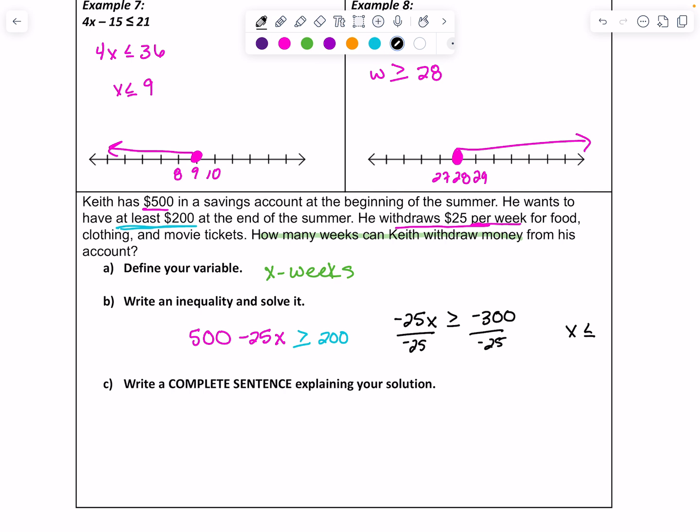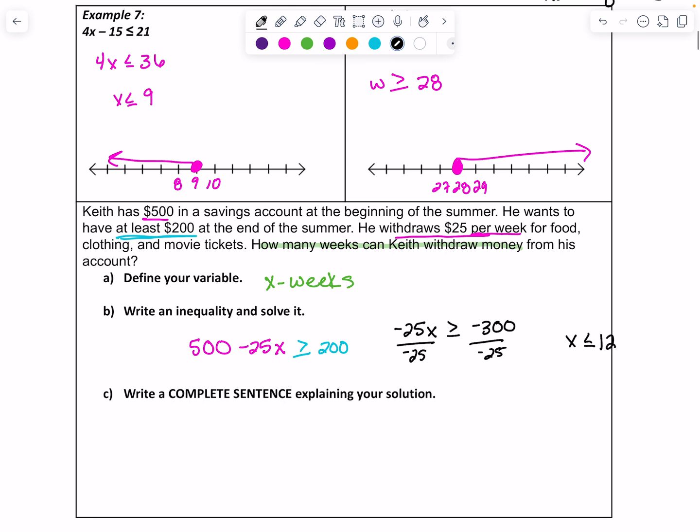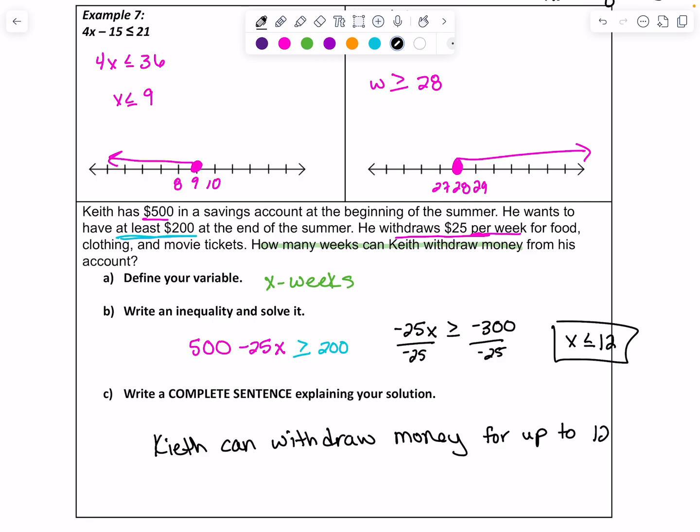And I believe that's 12. Okay, so Keith can withdraw money for up to 12 weeks, or for 12 weeks or less, however you want to write it so that it makes sense and I know that you understand.